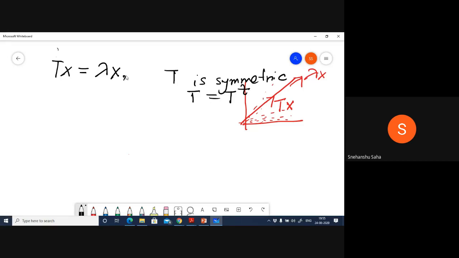We also know that the lambdas are real and distinct from each other. So let's say I have two lambdas, lambda 1 and lambda 2. If you have two lambdas, you should actually have two representations of eigenvalue, eigenvector. So T x1 equals lambda 1 x1 and T x2 equals lambda 2 x2.